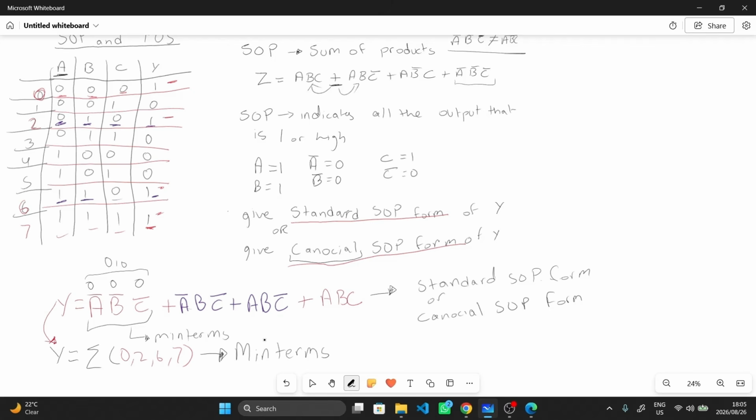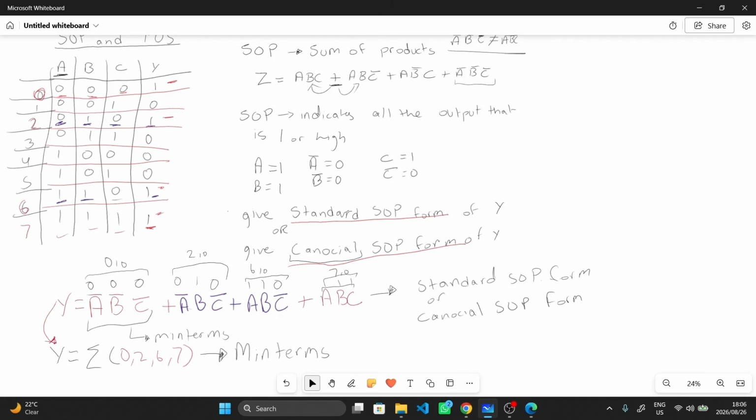Now we have, again, if we come to this term, A complement times B times C complement, we can say A complement is 0, B is 1, C complement is 0, and that will be 2, right? And we do the same. We say, okay, A is 1, B is 1, C complement is 0, and that is 6. And all of them here is 1, 1, 1, so that is 7. And that comes to our min term, right?